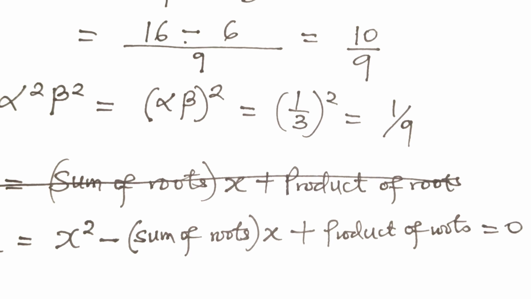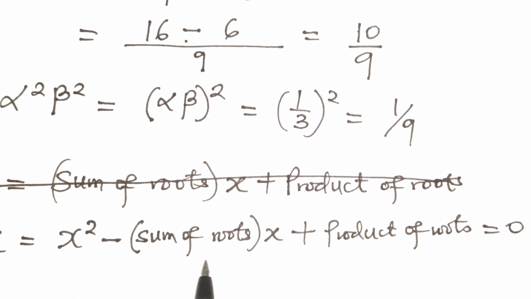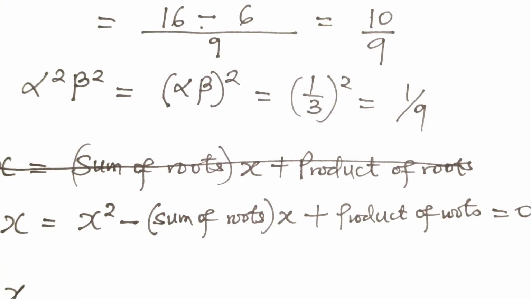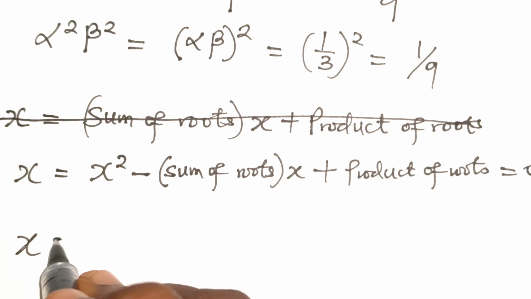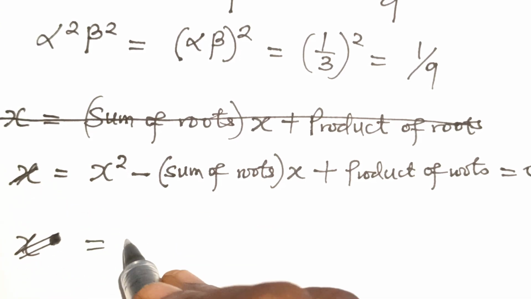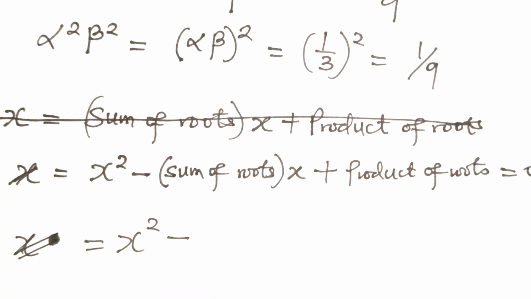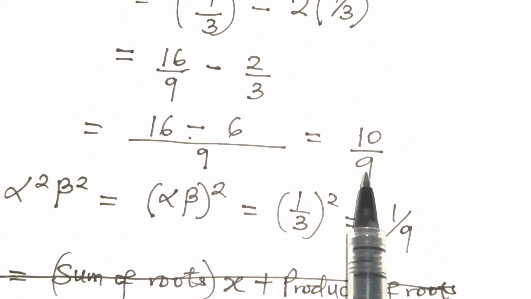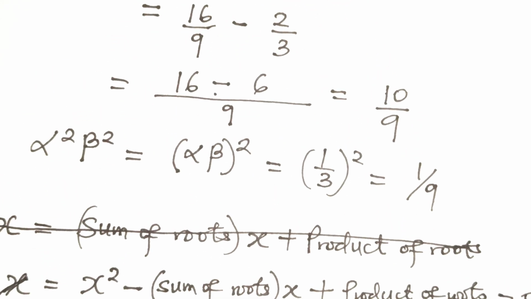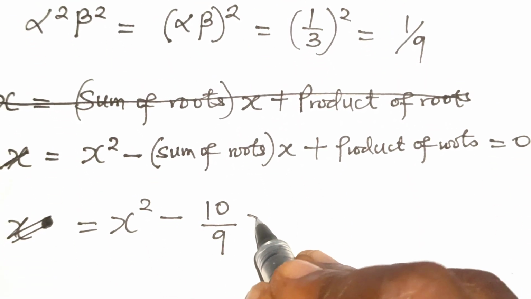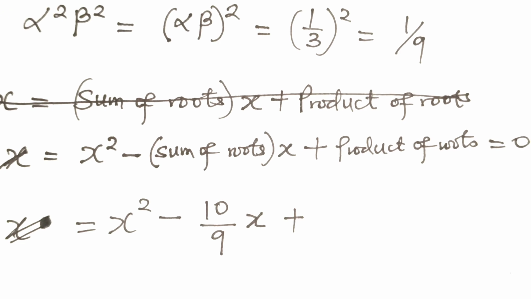So for that equation, we will substitute the values which we already have. The quadratic equation is x squared minus the sum of roots, which is 10 over 9, so I'll write here minus 10 over 9 multiplied by x, plus the product of roots.